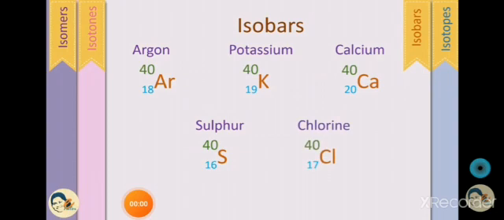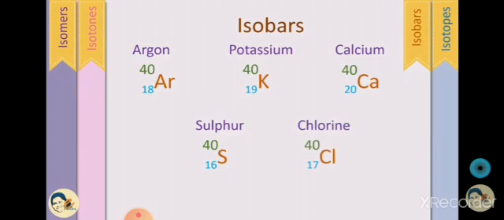We have some more examples for isobars. First are argon, potassium, calcium, sulfur and chlorine. Can you notice what is the same here? The top number, that is the mass number, is the same for all the elements.